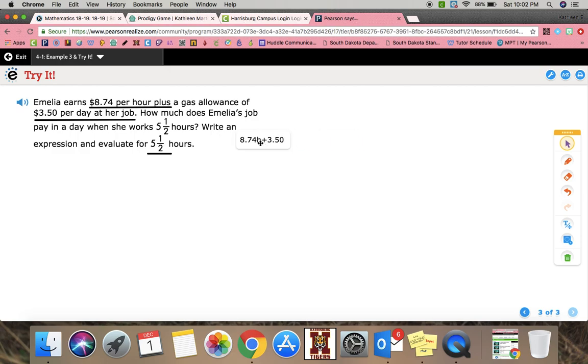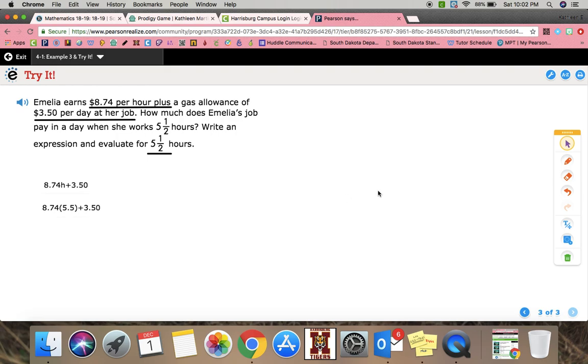And like I said, because it's only 1 day, she only gets that once. Now that we have our equation, we can put in a number instead of H, which is 5.5 in this case. We're adding that $3.50 still. It's still a constant. We don't need to put parentheses in there anywhere.